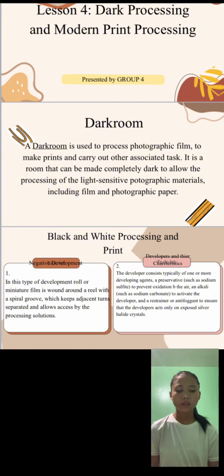The developer typically consists of one or more developing agents, preservatives such as sodium sulfite to prevent oxidation by the air, an alkali such as sodium carbonate to activate the developer, and a restrainer or anti-foggant to ensure that the developer only exposes the silver halide crystals.